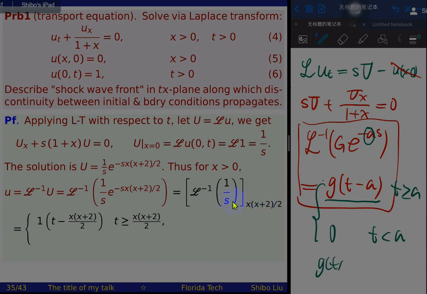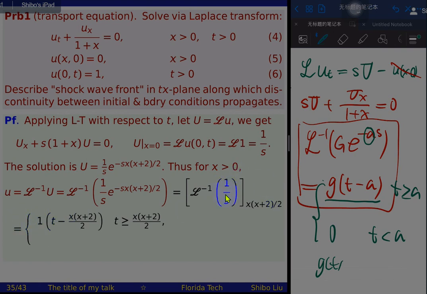You can check this in the Laplace transform table in our textbook. So in our case, capital G is 1 over s, and the small g is therefore the constant function 1. Using this result, the inverse transform of 1 over s times this exponential equals the translation of the inverse transform of capital G, that is, small g is 1.